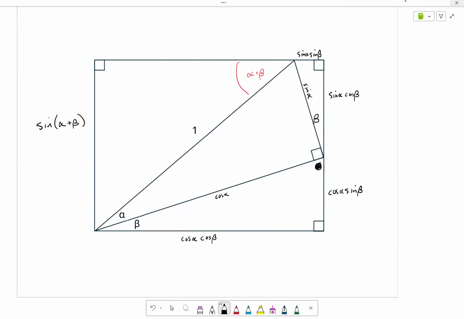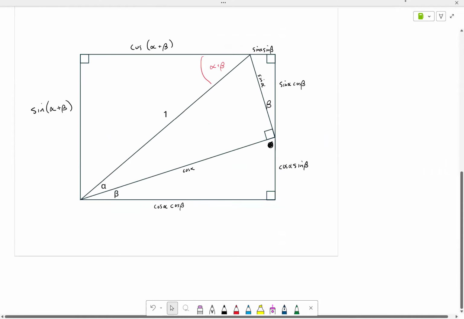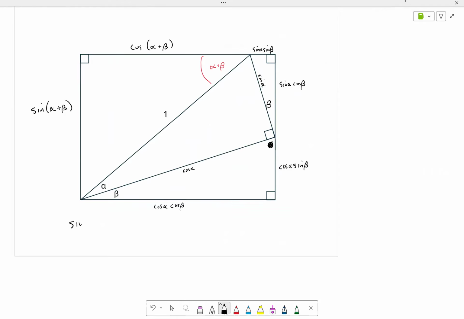You're correct though. And on the top, cosine of alpha plus beta. From here, we have 2 new identities. The first one is about sine of alpha plus beta.